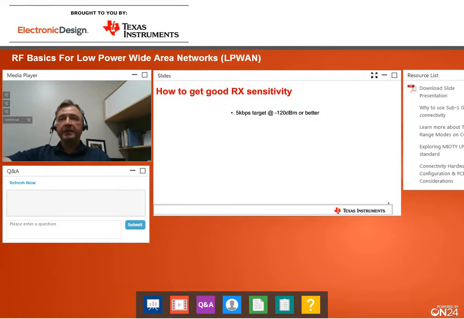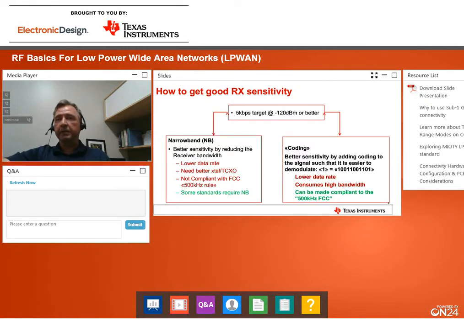So what are the characteristics of a good LPWAN system? Typically it has good sensitivity, which means you can turn the good sensitivity into good long range. We typically set a target of trying to achieve 120 dB or better at 5 kilobits per second. You can question why we set these two targets.